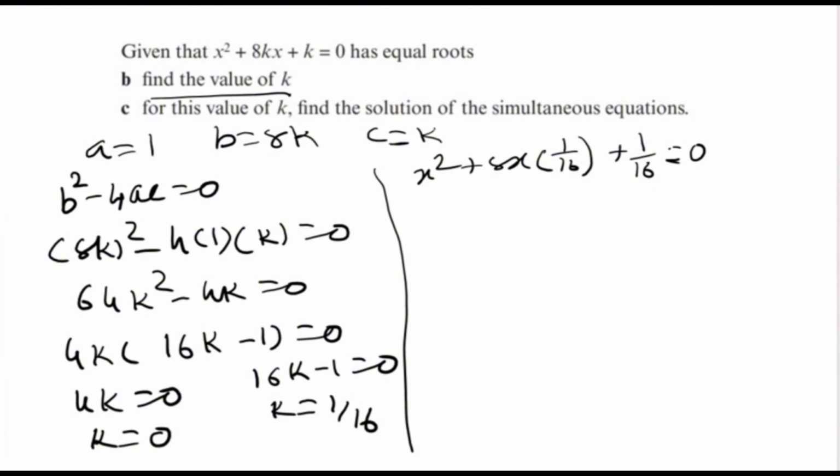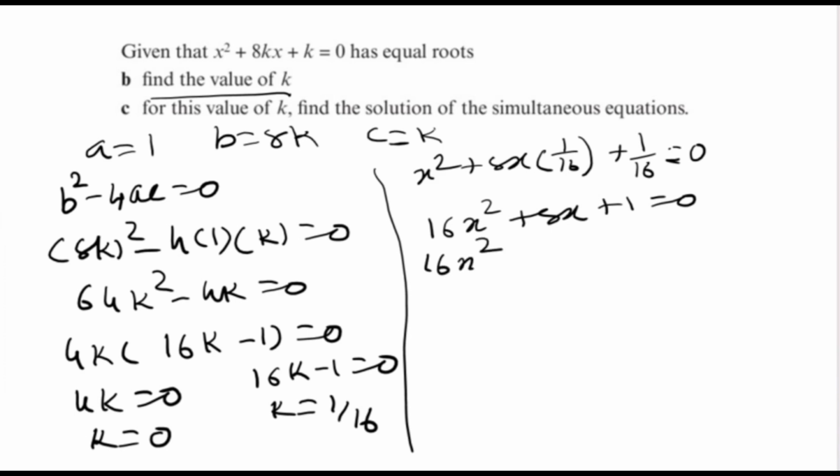So 16x squared, because I have to remove the denominator, 16x squared plus 8x plus 1 equal to 0. I can cancel out here, but I have a 16 here, so this is easy to do.